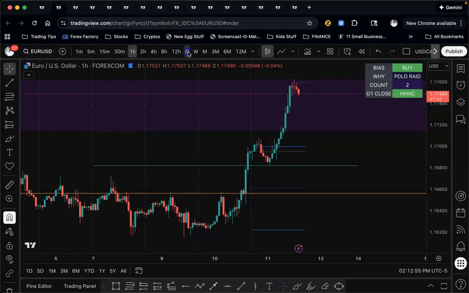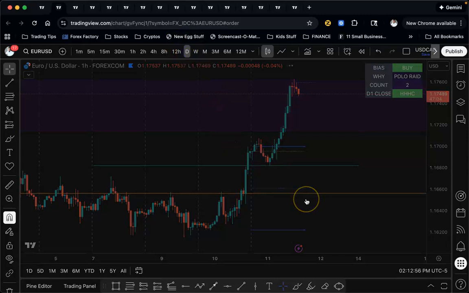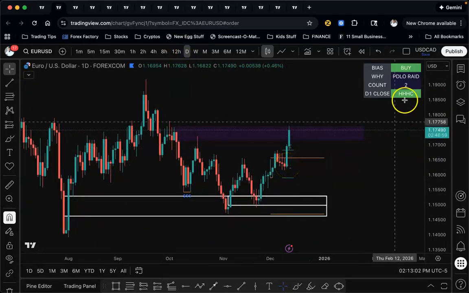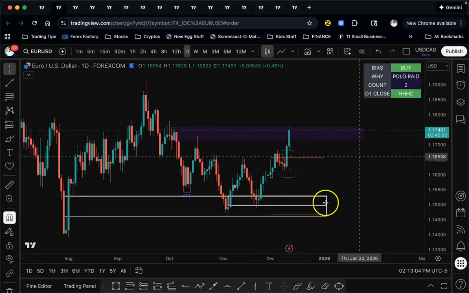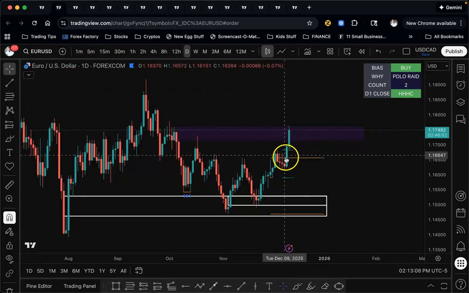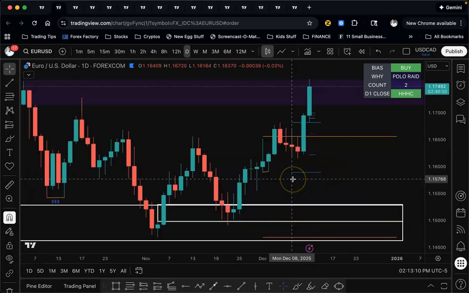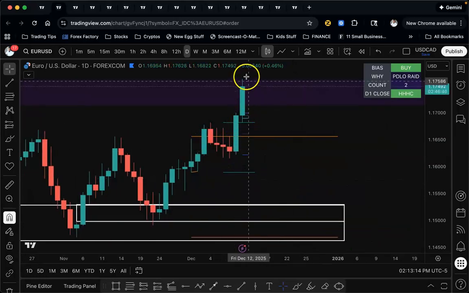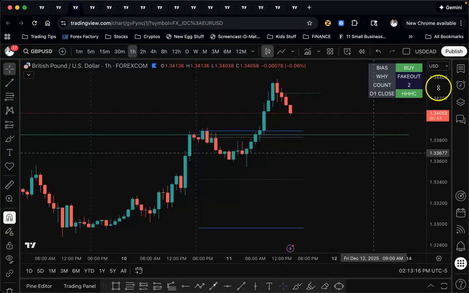Euro USD, we just did that example, but I got that alert yesterday. Bias is buy, reason previous daily low raid, right? And then higher close. As you can see, it closed higher yesterday, and then price rallied. Let's look at GBP USD.